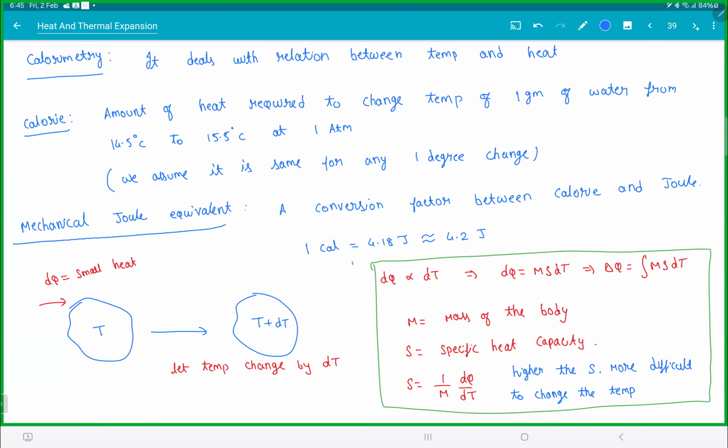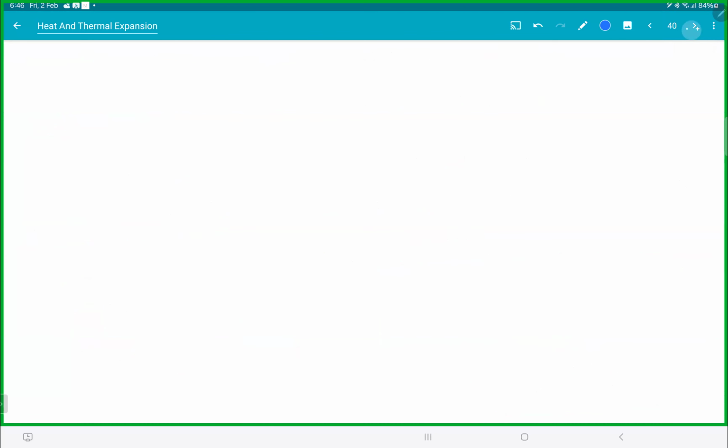If you want to use a liquid, I'll write that as an example. What was the original question? I'll write it down. Let's say the question is like this: a liquid is used in a thermometer.